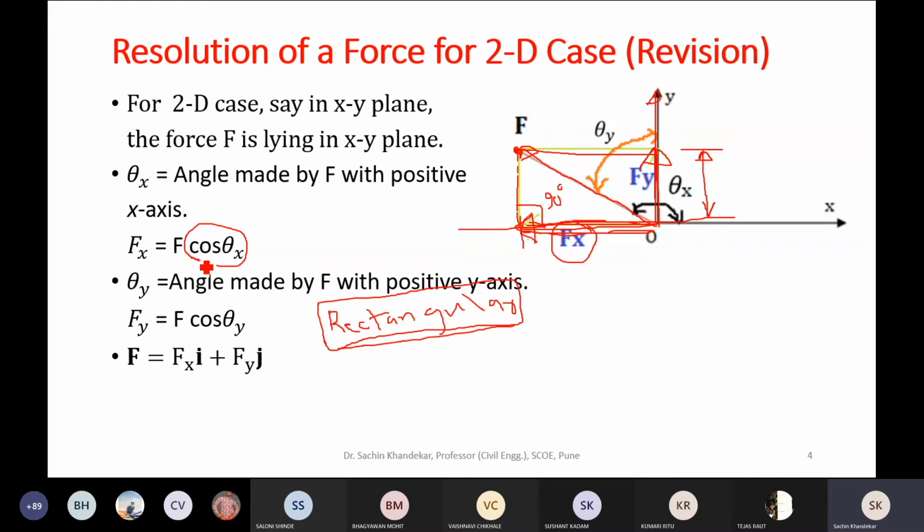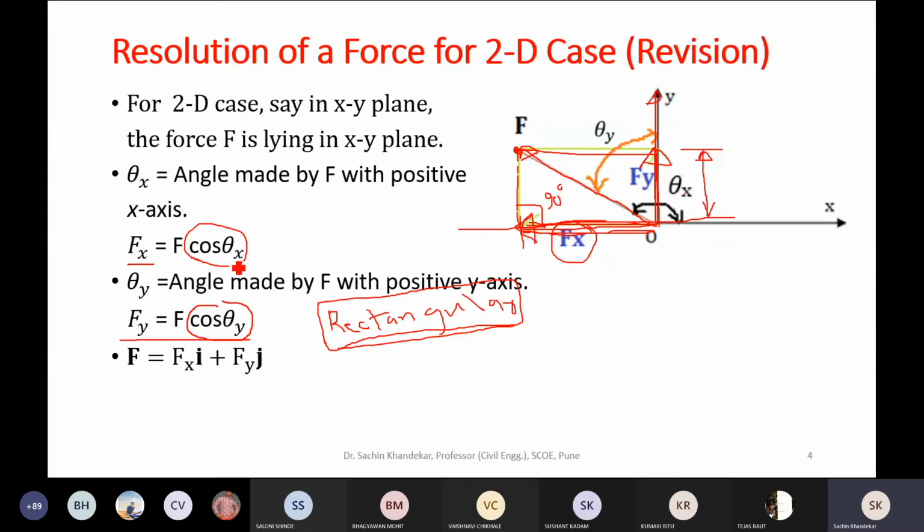Please note that. Just like here, while finding the x component of the force, we have taken F into cos of theta x. While finding the y component of the force, we have taken F into cos of theta y. So projected length means cos component.